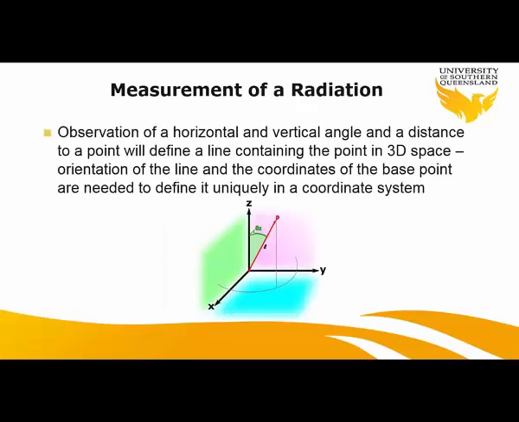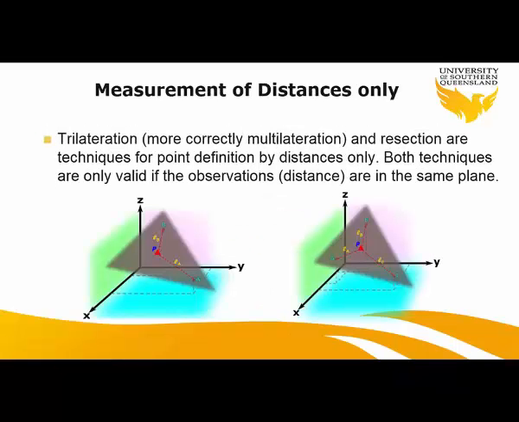Radiation is another method of defining a point. From what we know from surveying, if I know the length of this vector, the vertical angle and the horizontal angle, I can define the unique point P in 3D space. Measurement of distance only is trilateration. Again, we know it from the previous survey course. We discussed resection and trilateration.